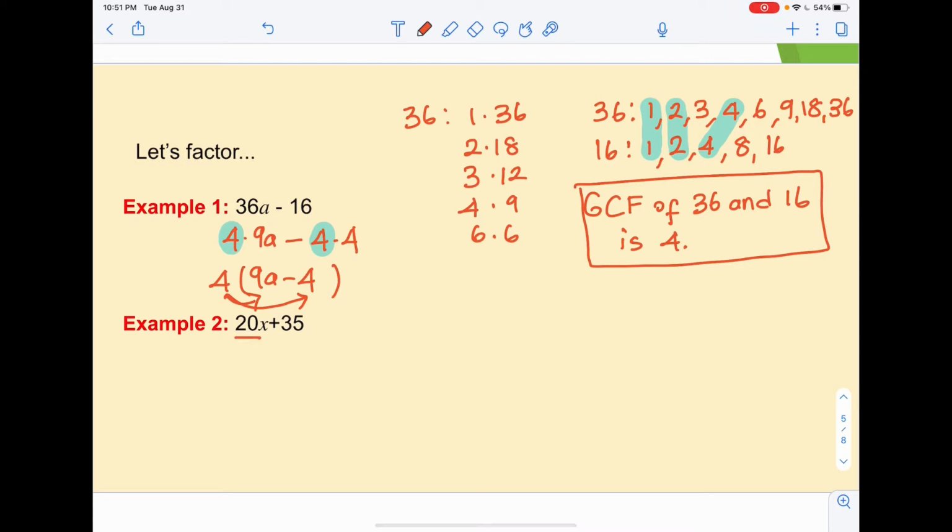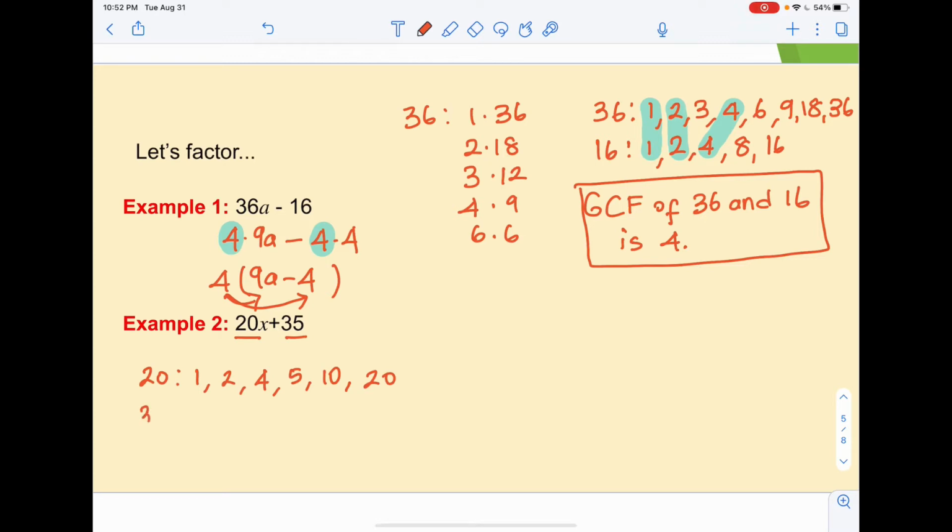So we have 20x, and then we have 35. Since 35 doesn't have x, we will again focus on the coefficients 20 and 35. The factors of 20 will be 1, 2, 4, 5, 10, and 20.